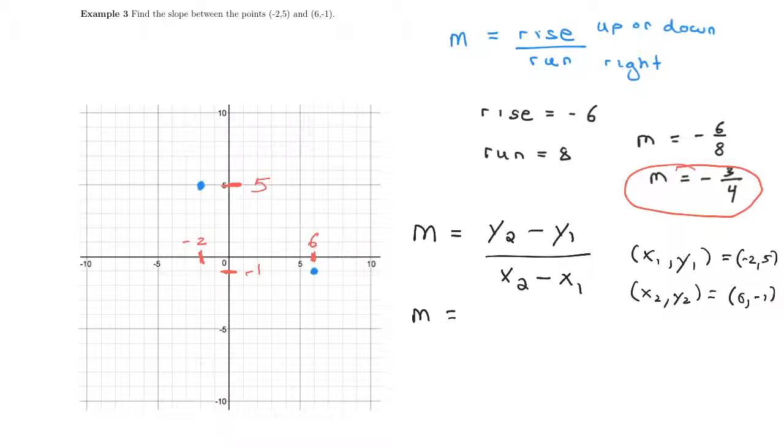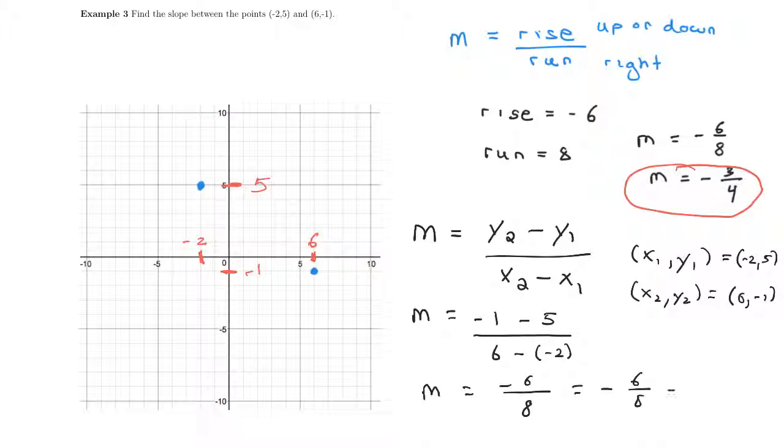So let's see, the difference of my y's, that's going to be -1 minus 5. And then the difference of my x's is 6 minus -2. If I simplify that, I get -6 over 6 minus a minus is going to be 6 plus 2, so that's 8. And we get the same number, -6 over 8, which still reduces to -3 over 4.